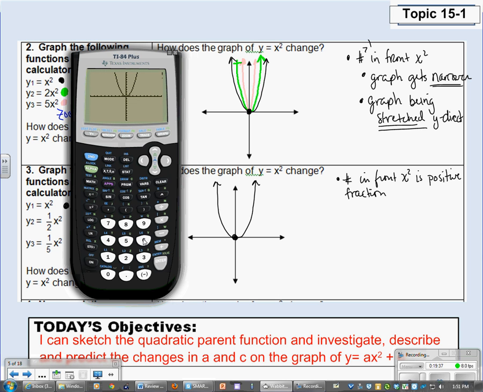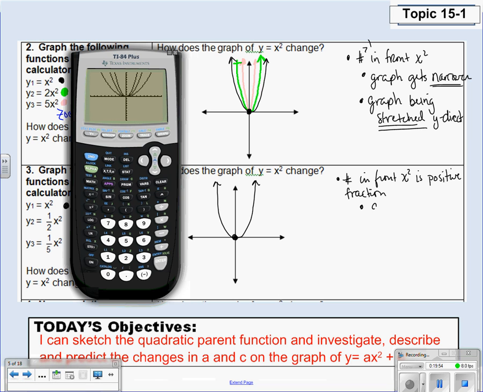Here's my original. This is 1/2 in front, and this is 1/5 in front. So we notice that the 1/2 is a little bit wider, and the 1/5 is even wider. So in this case, our graphs are going to get wider.